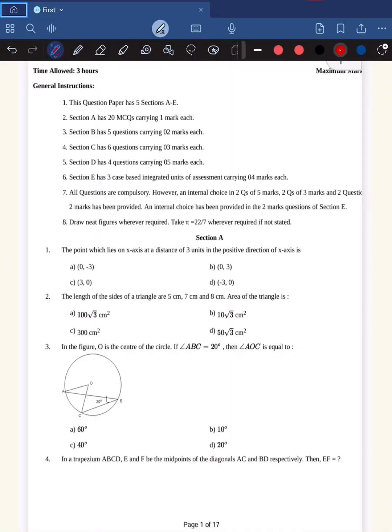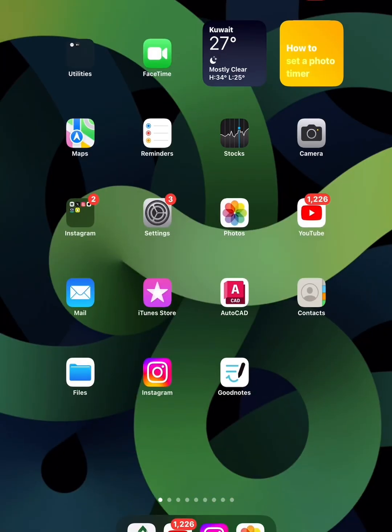How are you all? Today we are going through sample paper set 1, and first we are going to do the MCQ questions.